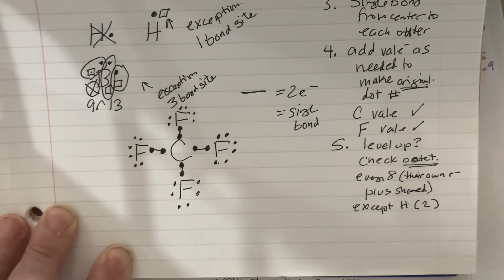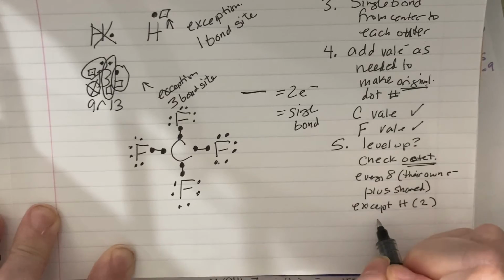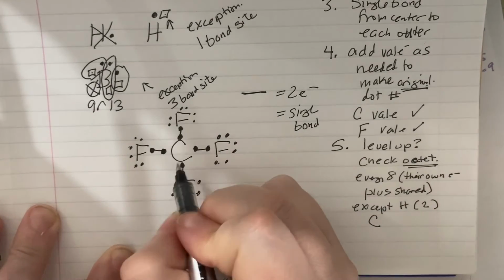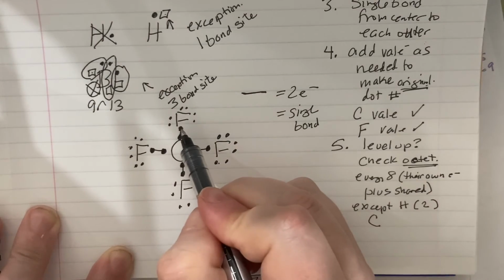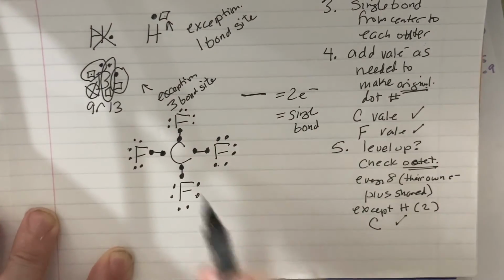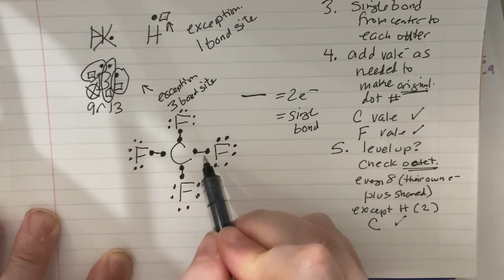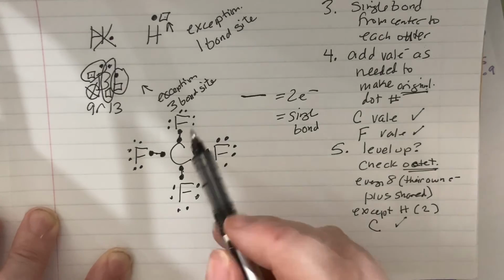Hydrogen does not follow the octet rule. So let's check the octet of carbon. Carbon has 1, 2, 3, 4 of his own, and he's borrowing 5, 6, 7, 8. So he has 8. You could also count 2, 4, 6, 8. Carbon meets the octet. How about fluorine?